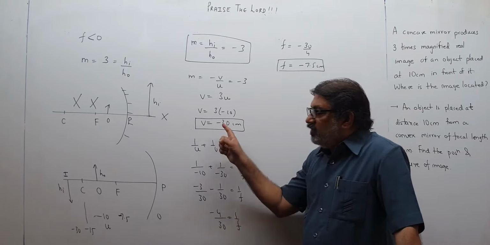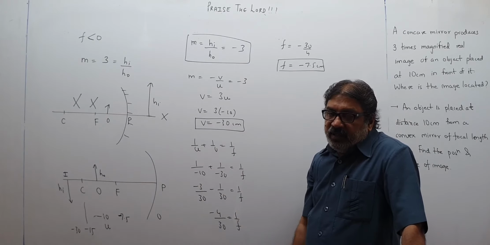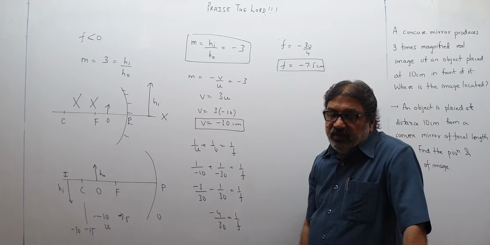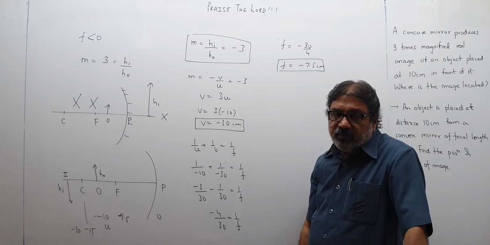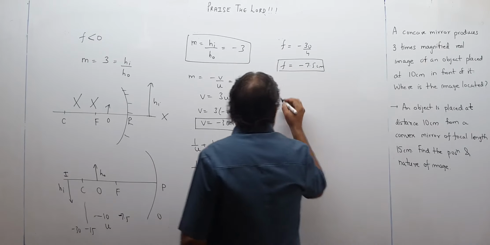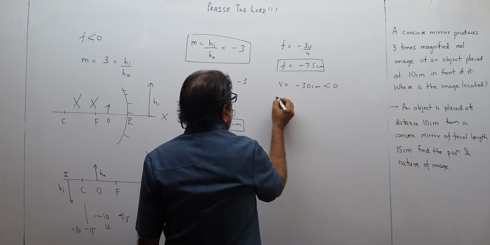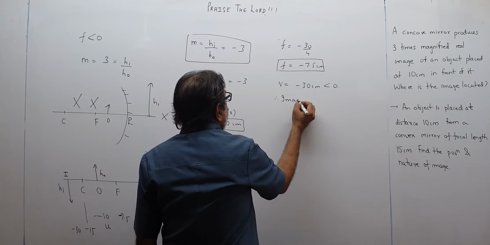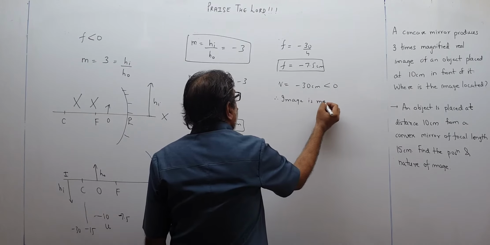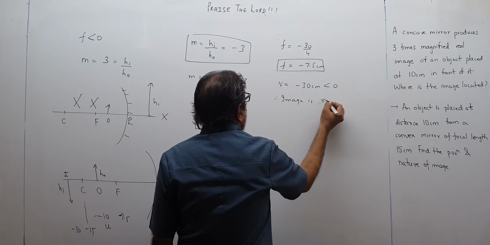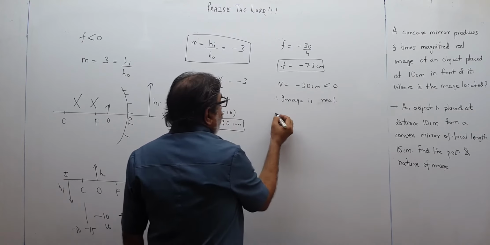Because v is coming out to be negative, image is on the front of mirror, therefore it is real image. So v is equal to minus 30 centimeter less than 0, therefore image is real.